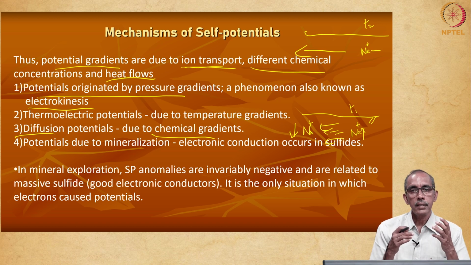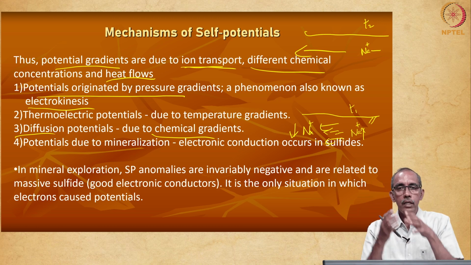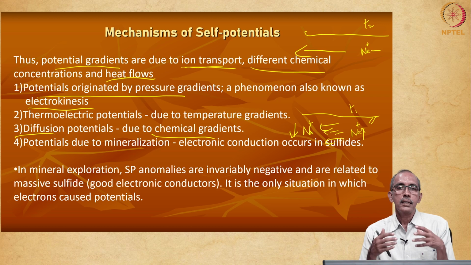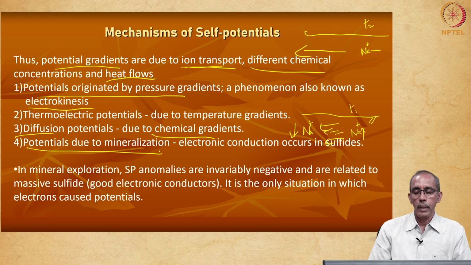The battery has an electrolyte as well as an electrode at the center. Naturally, there may be a mineral body which may occur like an electrode surrounded by electrolyte, which is of course the groundwater. This itself will generate current.